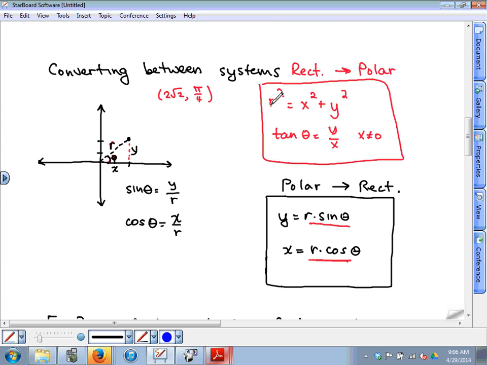Yeah, that wouldn't be a terrible idea, but the one issue with that is we would get the r squared in there, but then we would also end up with another rectangular part, like an x or a y, and those are the ones we're trying to get rid of. When we're making a conversion, we want to take out all the x's and y's and just have r's and thetas. So we probably ought to stick to these.